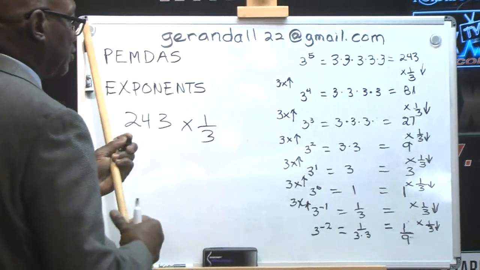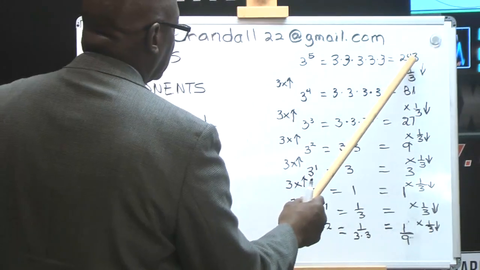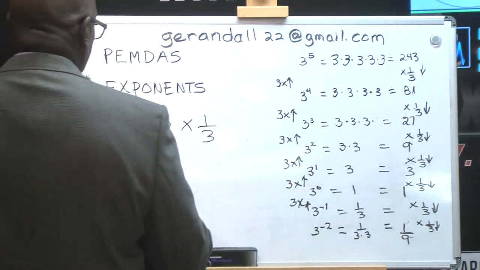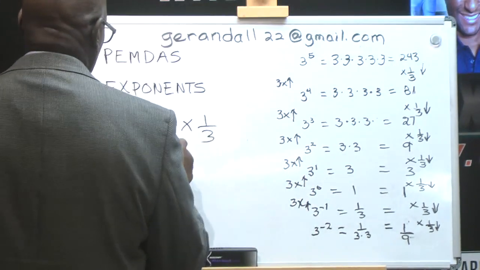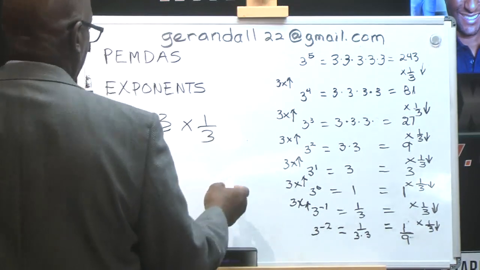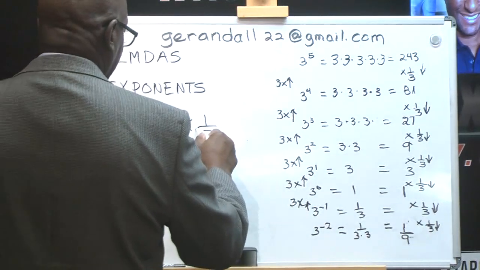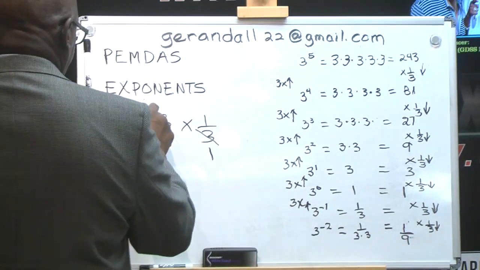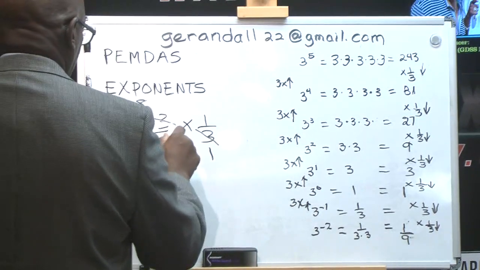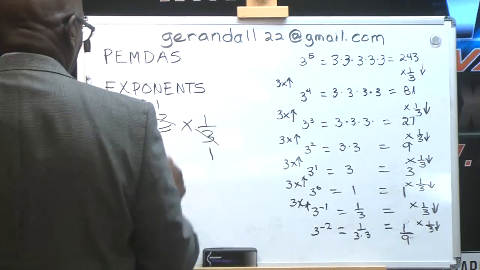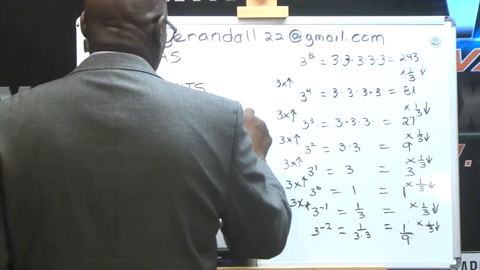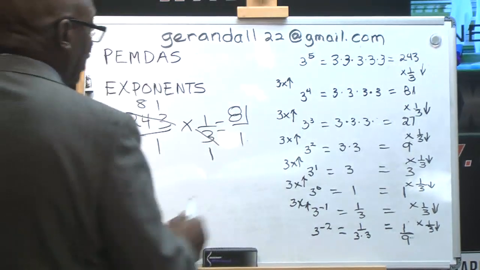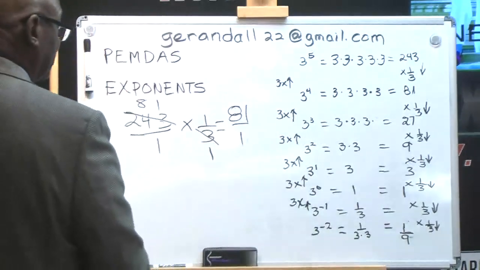That's what that pattern says to do. 243 times 1/3, and we can do cross multiplication. 3 goes into itself once. 3 goes into 24, 8. And 3 goes into 3, 1, so 81 over 1. And that's 3 to the 4th power.